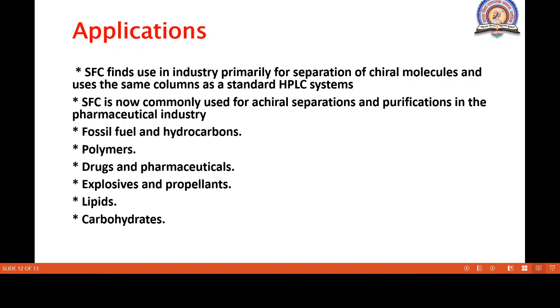Polymers are separated by using this technique. Drugs and pharmaceuticals, other compounds are also separated. Explosives and propellants are also separated. Lipids and carbohydrates are also separated and detected by using this SFC technique.